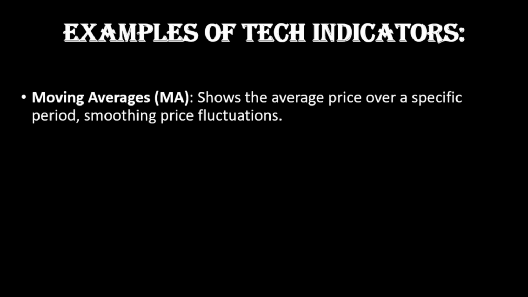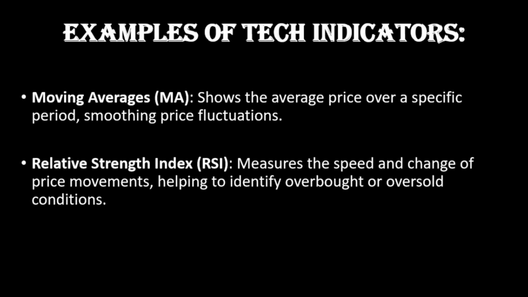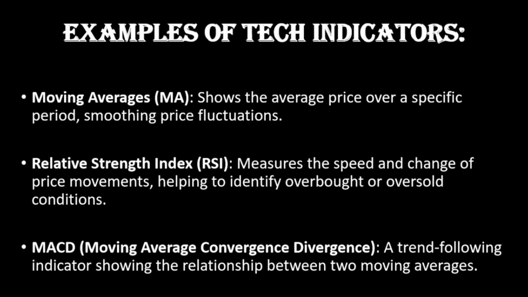Examples are the moving average, which shows the average price over a period, smoothing price fluctuations. The Relative Strength Index measures the speed and change of price movement, helping to identify overbought and oversold conditions. These are indicators that beginner traders use.